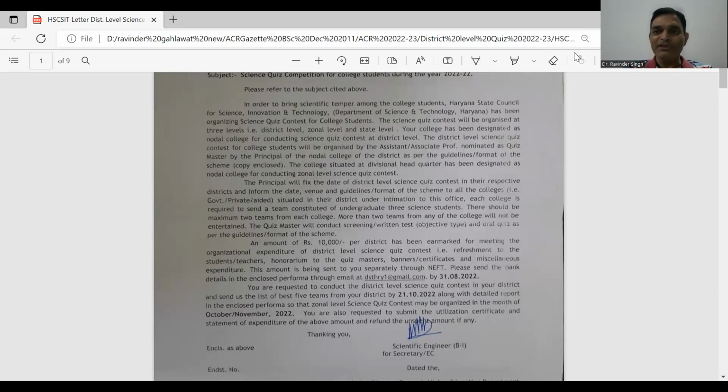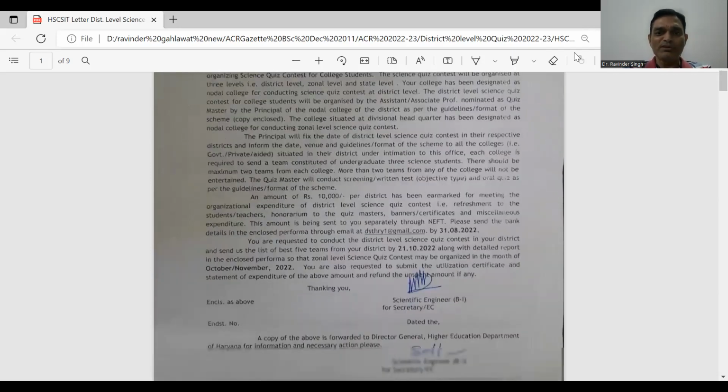It is compulsory for all the colleges that have taken this responsibility to complete their task by 21st October 2022. But Pandit NRS Government College Rohtak completed their task on 30th September 2022.